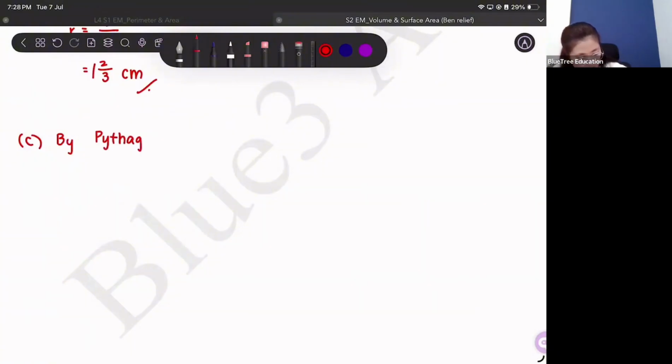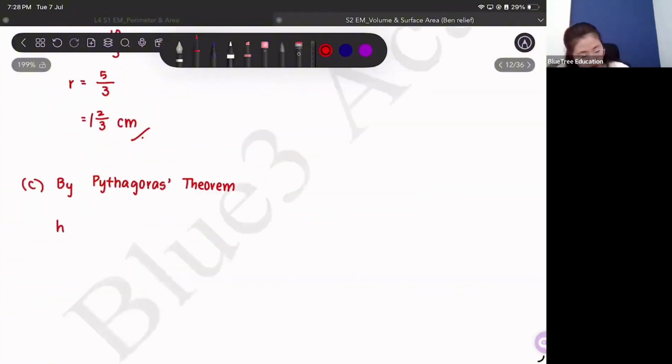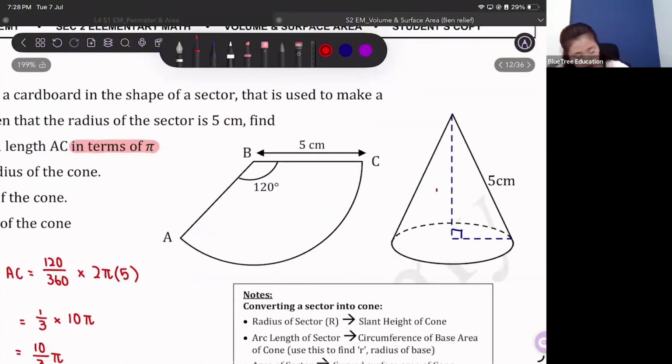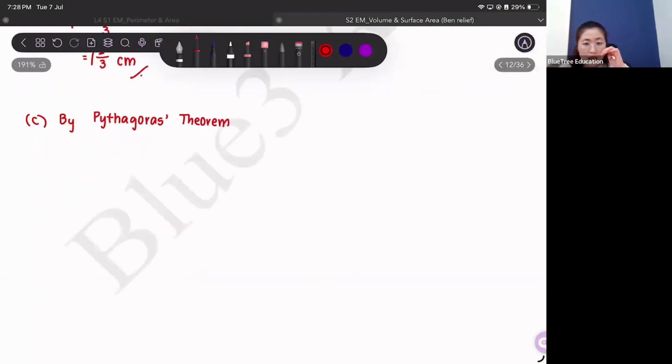Pythagoras, the apostrophe is after the S. A lot of students forget the apostrophe. So by Pythagoras' theorem, my h, my height. If you never label h, please write height. So height is equal to the square root of the whole thing.